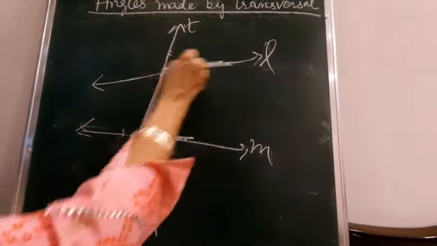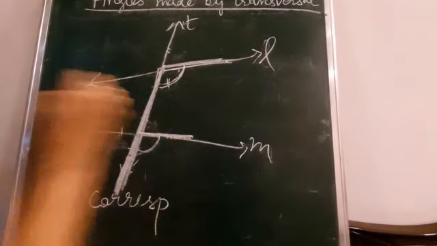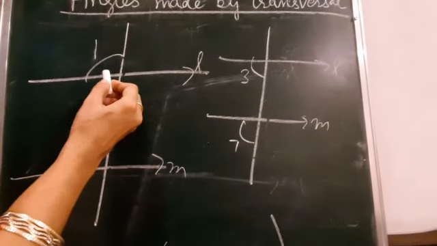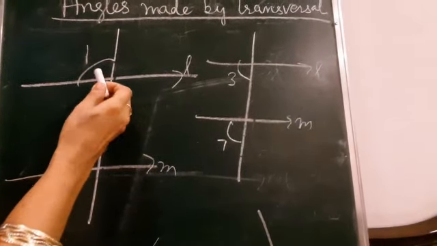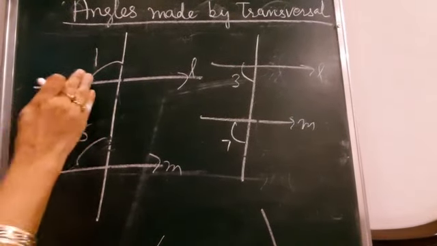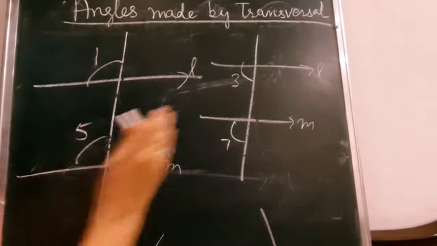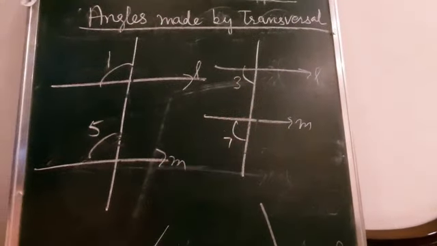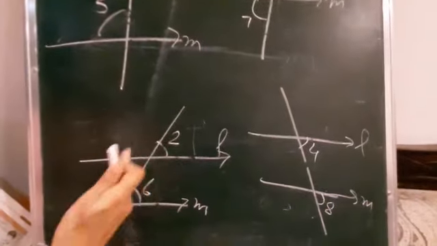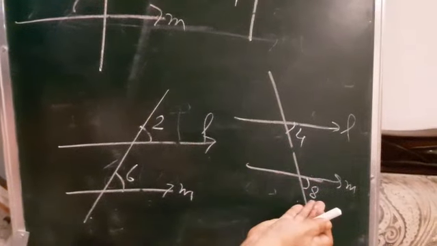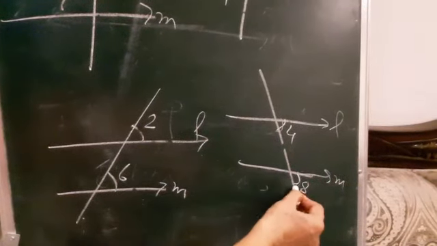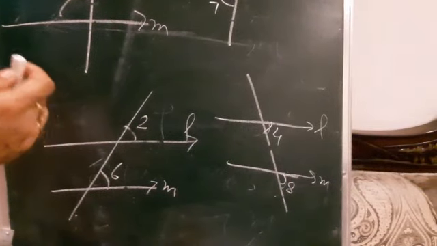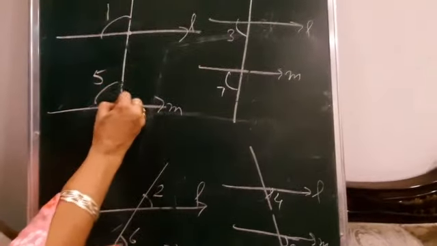Now see, like alphabet F, they must be in corresponding position because they both are above the line. See here, both are on the same side but below the line. Both are above the line and on the same side. Here they both are below the line. So corresponding angles have different vertices.